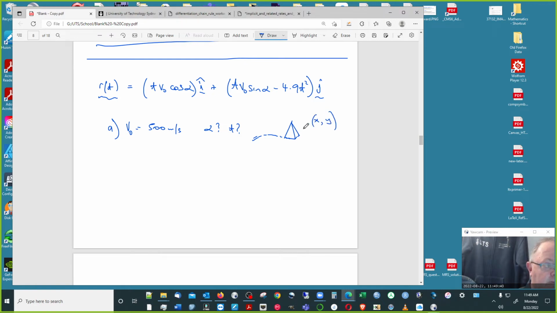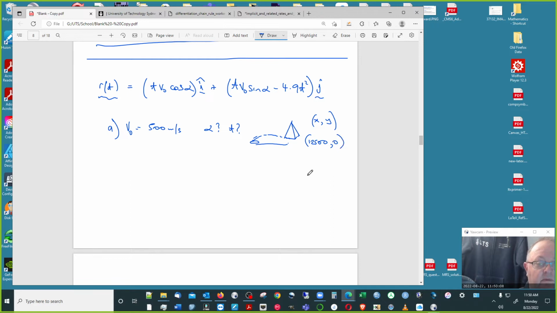It's 12,500. Is that what it said? The base of the mountain is 12,500 from the tank. Okay, so that's a coordinate. And because it's landing on the same ground as the tank, the y coordinate will be 0.